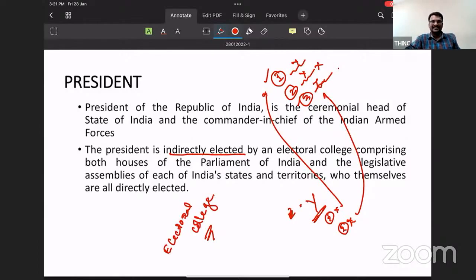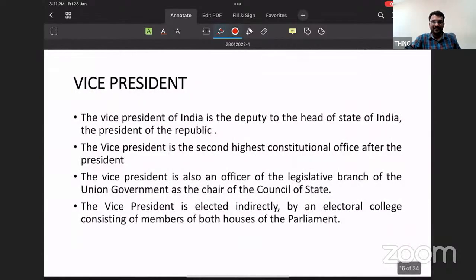And in case the president is absent, due to death, resignation or anything else, the vice president of India will assume charge as the president.